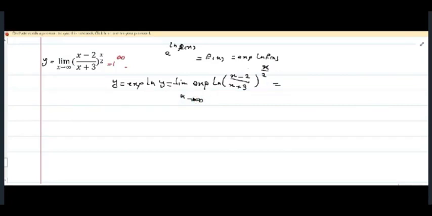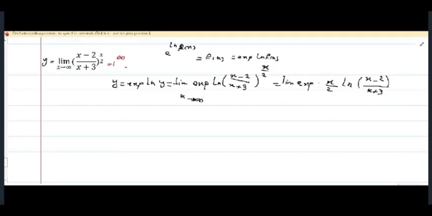So here x over 2 can come down, and even the limit can come inside. So I can write the limit of the exponential of x over 2 times ln of (x minus 2 over x plus 3).